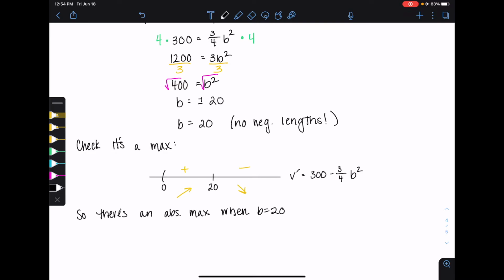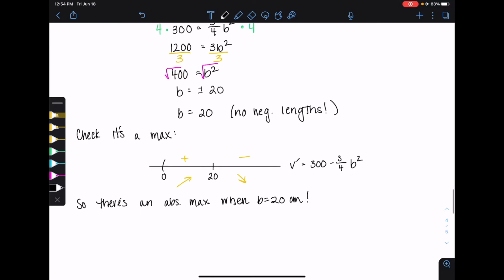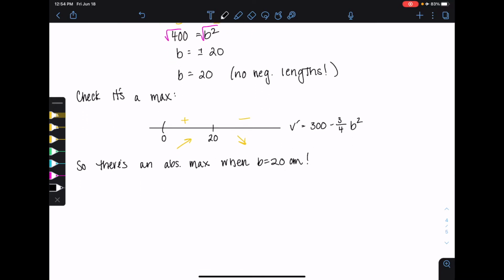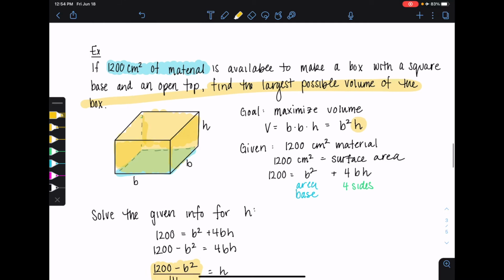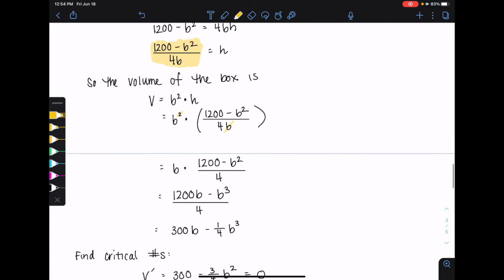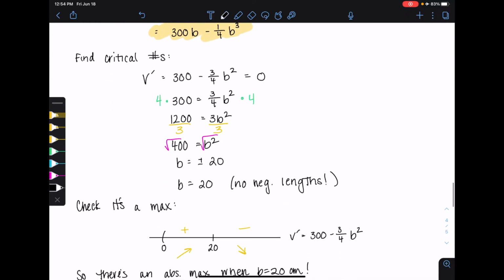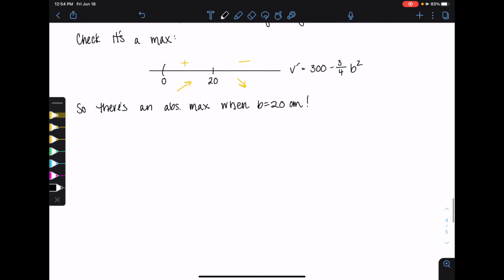And then our unit in this case is centimeters. Okay. And all I want to answer is what is the largest possible volume of the box. My volume is solely in terms of b, so I just go ahead and plug 20 into here to get the volume of our largest box.